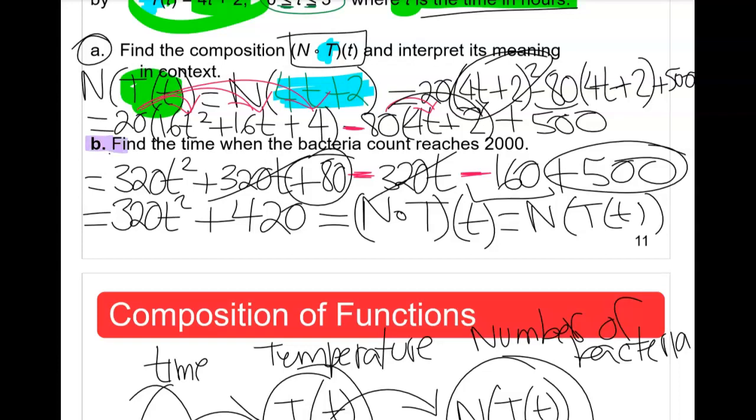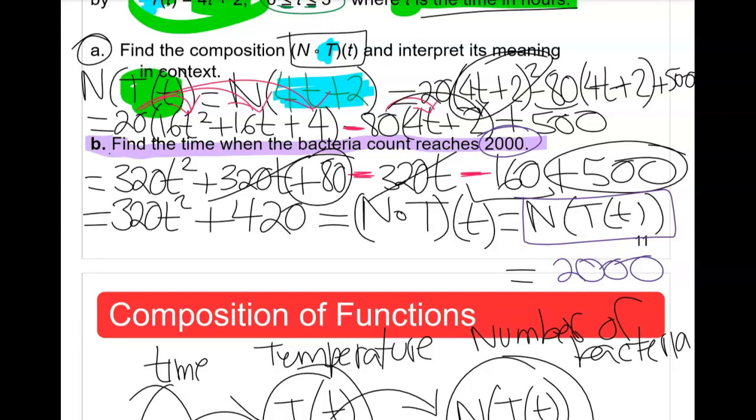Okay, now question B. It says, find the time when the bacteria count reaches 2,000. And so what we want to remember, we defined capital N as the number of bacteria, right? So what we're going to do is substitute that with 2,000 to answer this question.